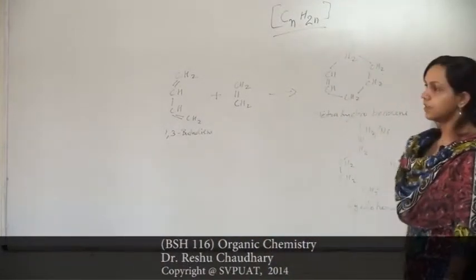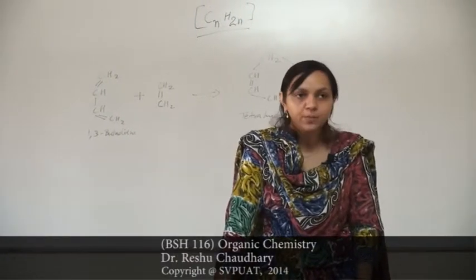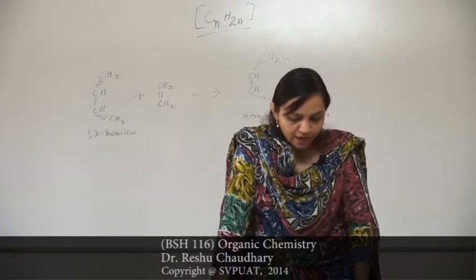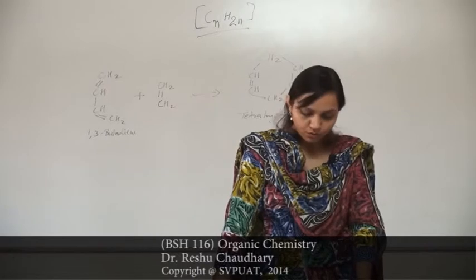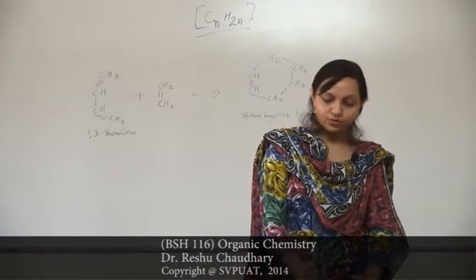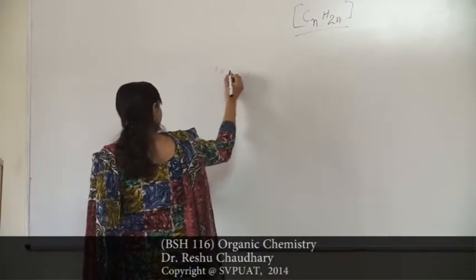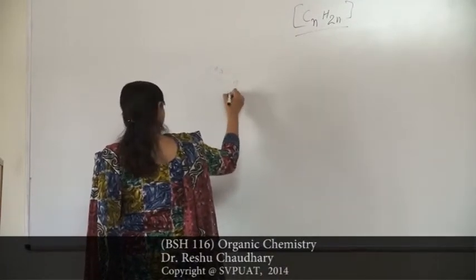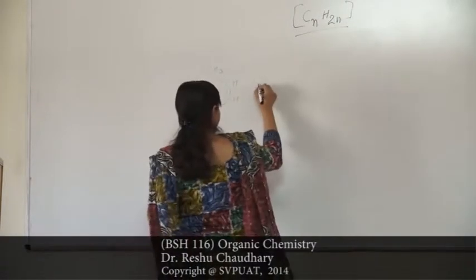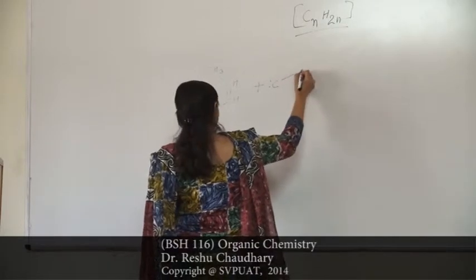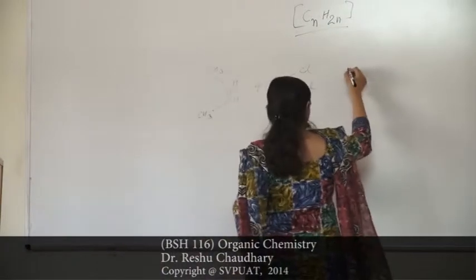This is the Diels-Alder reaction. Next method is addition of carbene to alkene. When dichlorocarbene or dibromocarbene is treated with an alkene, it undergoes reaction to form an alicyclic compound, and the reaction will be CH3 single bond CH double bond CH single bond CH3 plus dichlorocarbene, then forms the product.